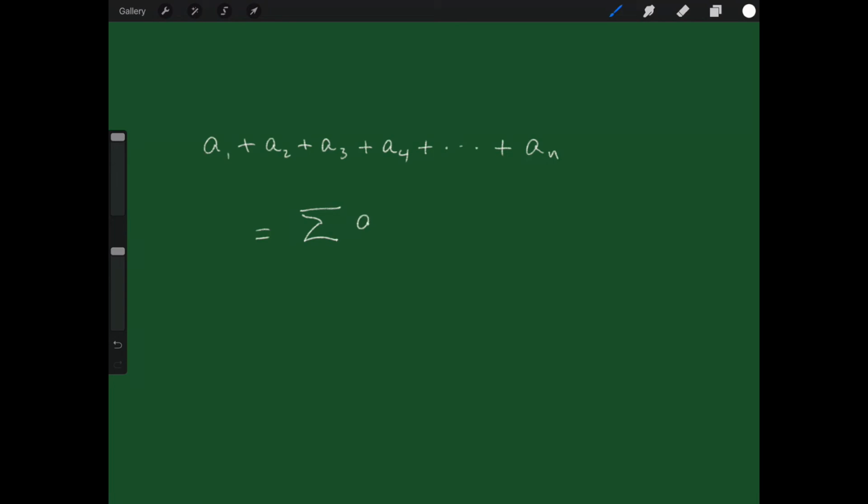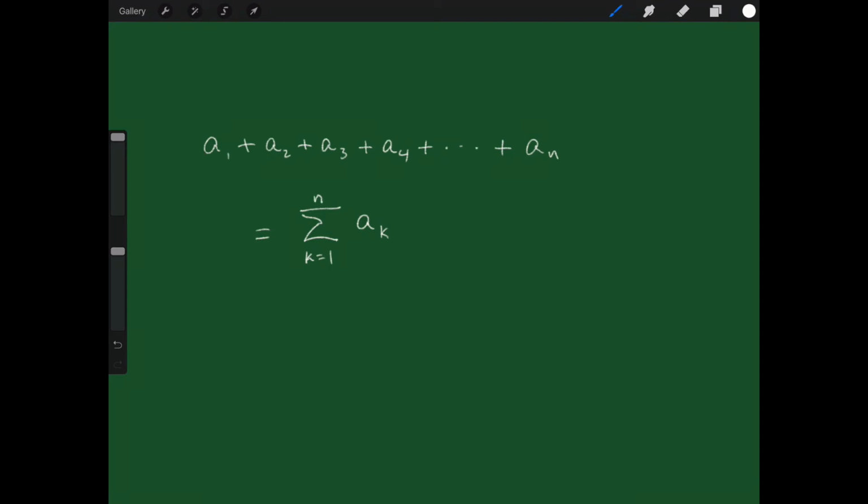So what I'm going to put over here is I'm going to say I want to add up the A sub k, but I want the k's to have different values. I want to start when k is 1 and add that guy, and I want to end when k is n. So the way that I write that is I say start when k is 1 and end when k is n.